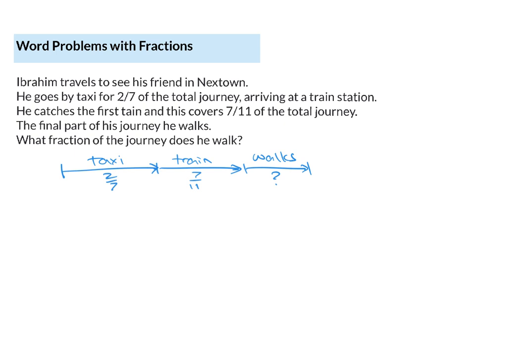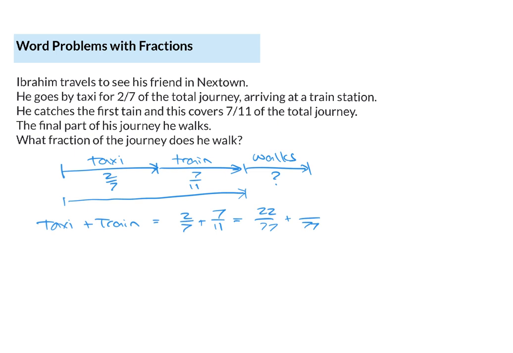So to work this out, what we really need to work out is what fraction is the taxi plus the train. Let's do that bit first. So I'm going to do taxi plus train, which is 2/7 plus 7/11. Common denominator this time will be 77, because 7 times 11 is 77. 2/7 is going to be 22/77, multiplying top and bottom by 11.